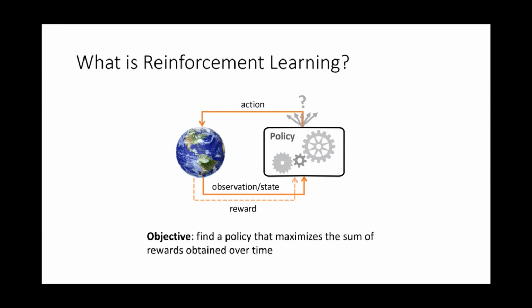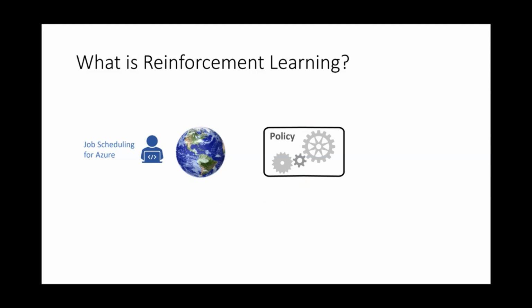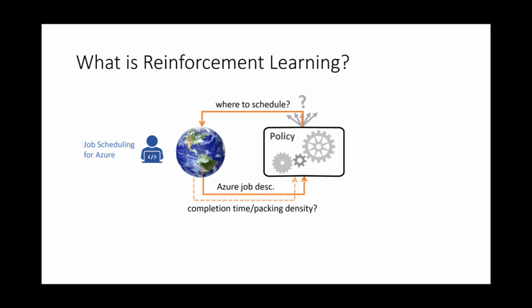it obtains over time. So just to ground this in an intuitive example, let's think about designing an agent that can do job scheduling for Azure. So the world we interact with looks like the population of various job requests that come into Azure. Our state would be some description of a candidate job. Our actions are potential machines where we can schedule this job, and the reward might be something we want to improve.